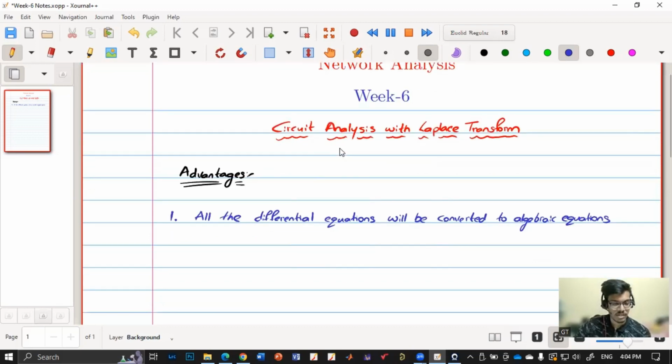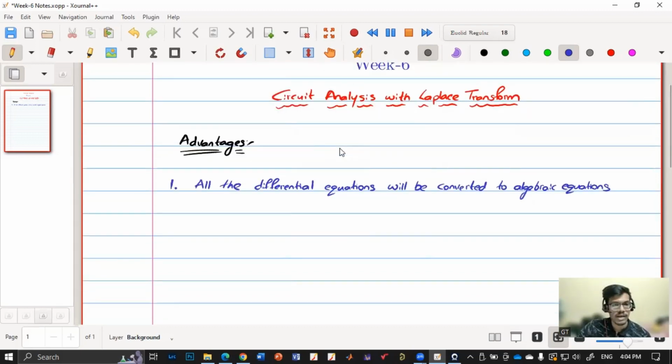The second advantage: when solving any differential equation, we have understood there are two parts, the natural response and the forced response. We first solve for the natural response, which is because of the initial condition, and then the forced response because of the input.